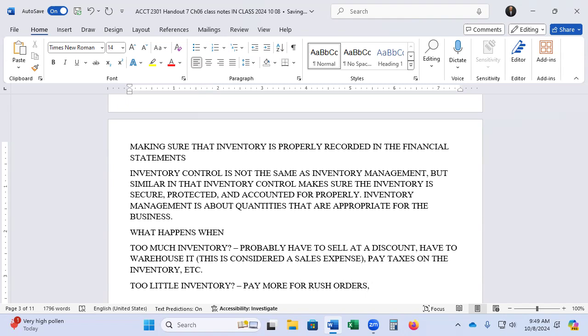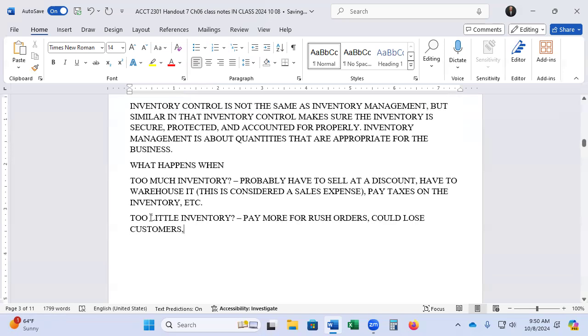What happens if those rush orders don't come in time? Lose customers, lose clientele. Could hurt the reputation.